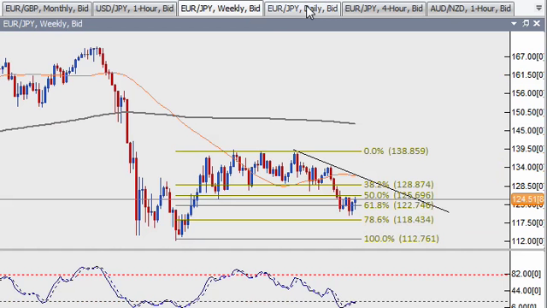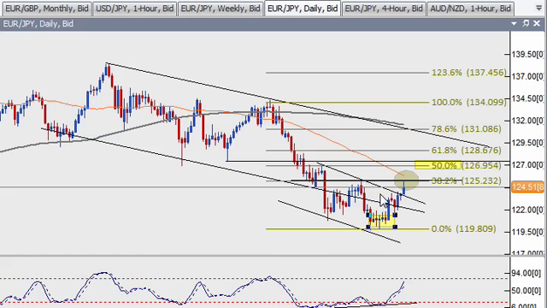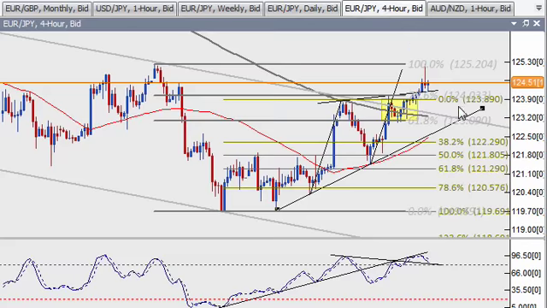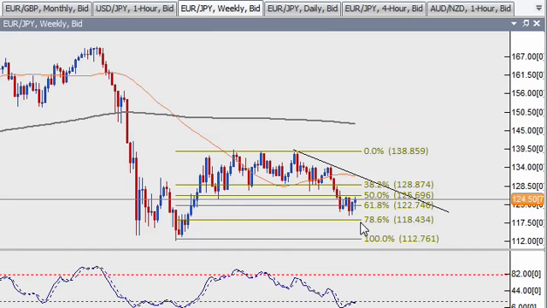So for the bearish case, if the market breaks below this trend line on the 4-hour time frame, and it's important to break below this 120.150 area, this previous consolidation power line, then the market is likely to continue falling to the 118.50 area, which is the 78.6% retracement of this rally.